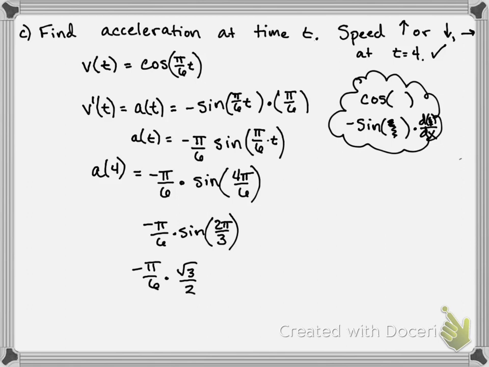So I can really stop here. My acceleration, is that going to be a positive or negative value? Negative. Isn't it a negative times a positive? So here we have a negative acceleration at 4. So the acceleration is negative.